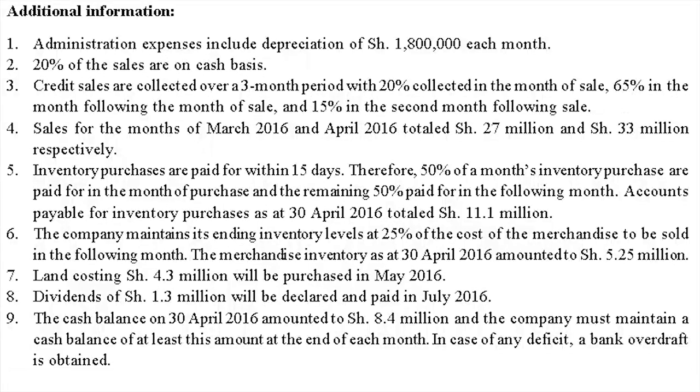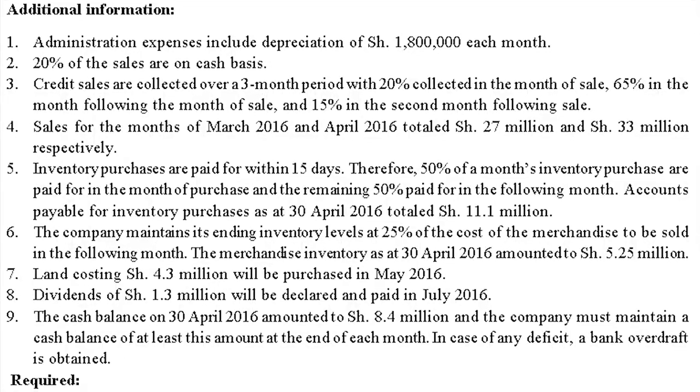Number 5, inventory purchases are paid for within 15 days. Therefore, 50% of a month's inventory purchases are paid for in the month of purchase, and the remaining 50% paid for in the following month. Accounts payable for inventory purchases as at 30th of April 2016 totaled to shillings 11.1 million.